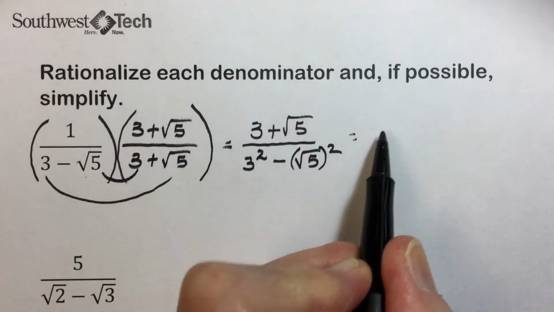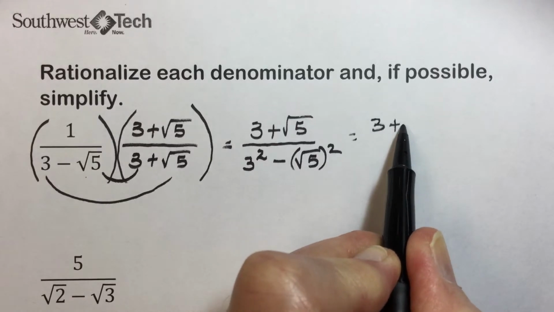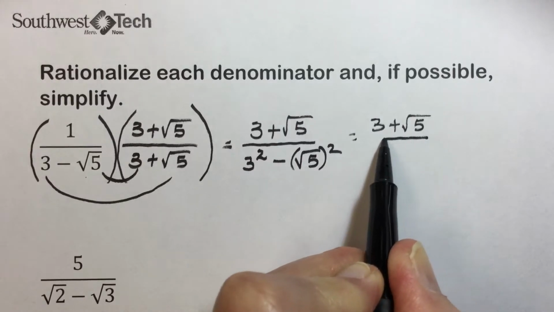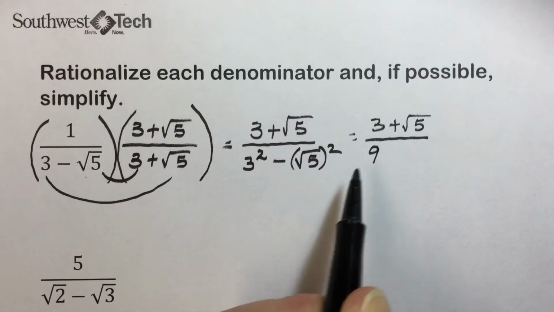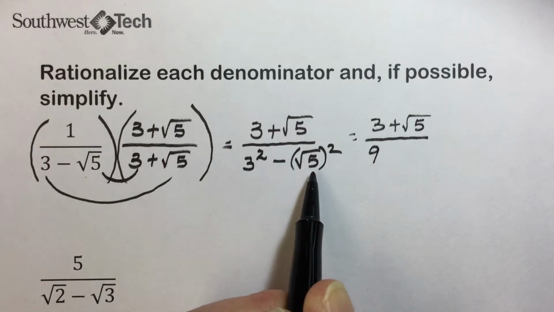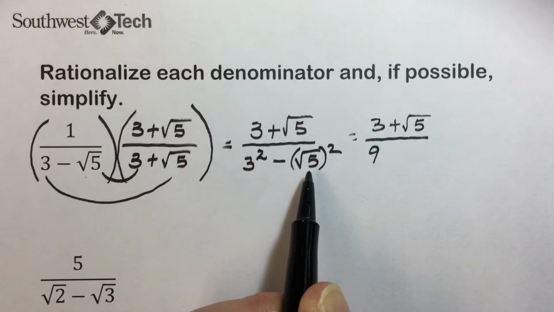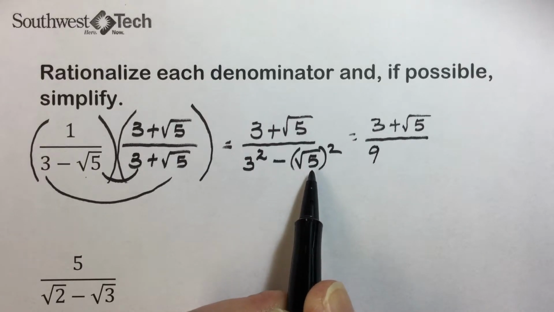Simplifying this further then, in the denominator, we have 3 to the power of 2, or 3 squared, which is 9. A radical times itself is the radicand. In other words, the square root of 5 times the square root of 5 is the square root of 25, which is 5.